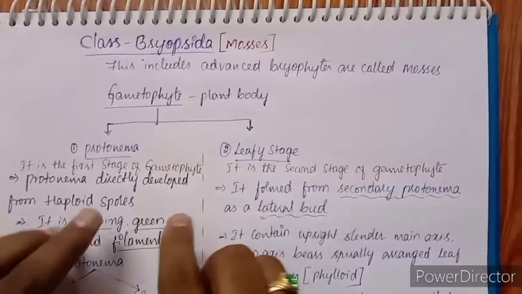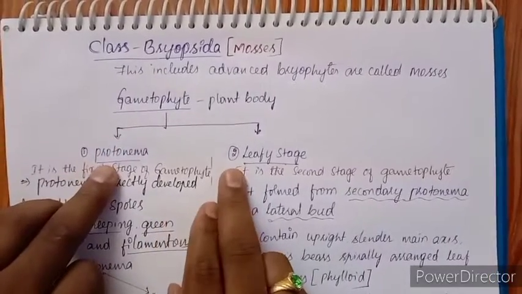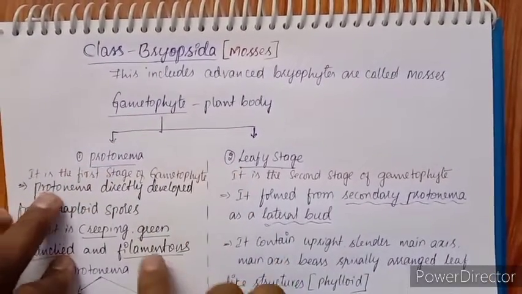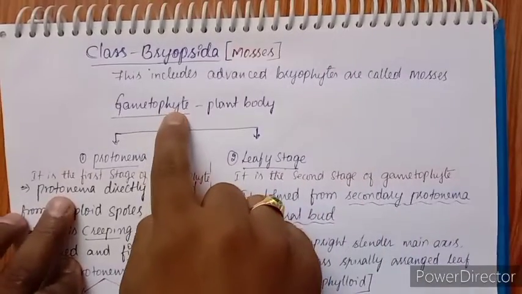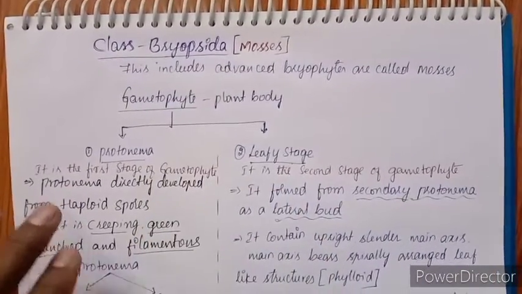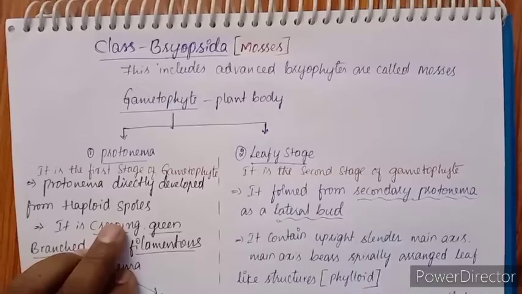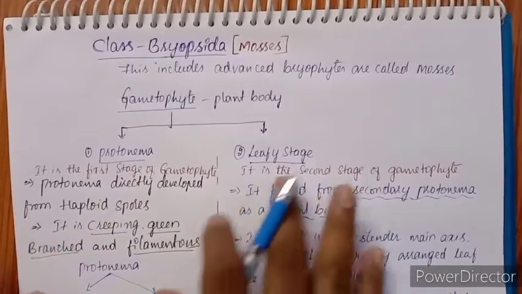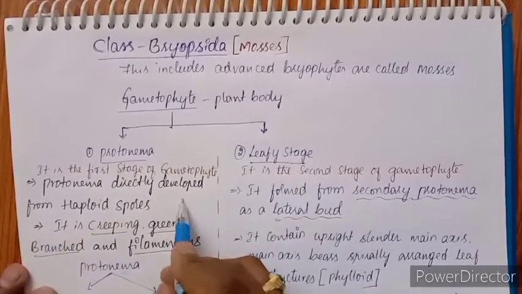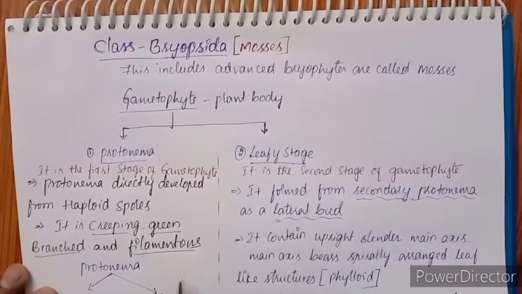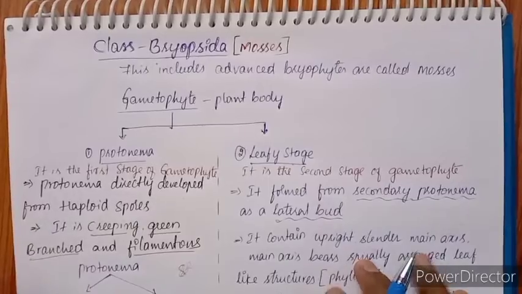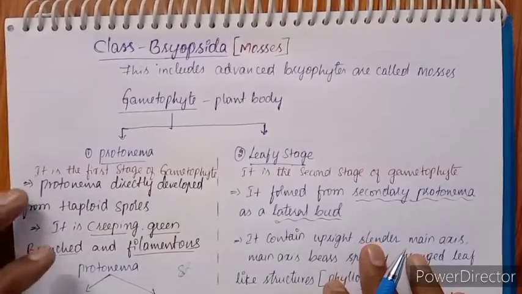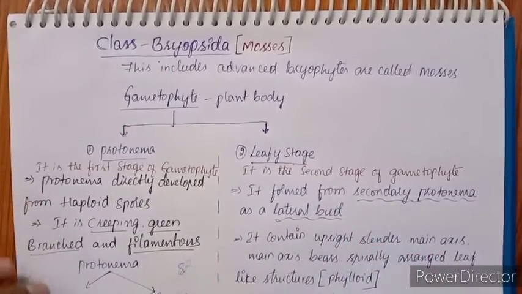Protonema is the first stage of the gametophyte, directly developed from haploid spores, generally creeping, green, branched and filamentous, like the hyphae of fungi, but green in color.